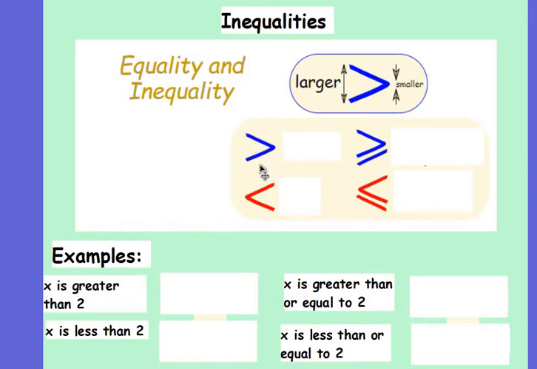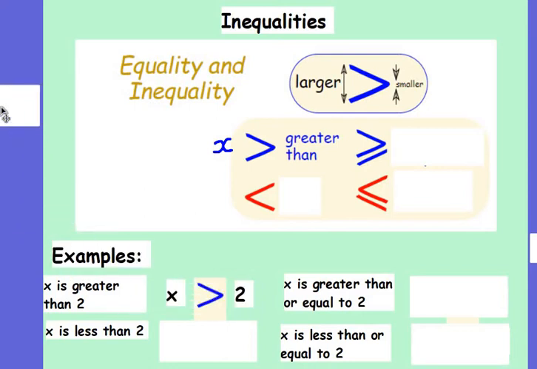For example, this first inequality means greater than. So any number on this side here, for example x, is greater than any number on the other side. x is greater than 2 could be written just like that, and that means x could be any number as long as it's larger than 2.